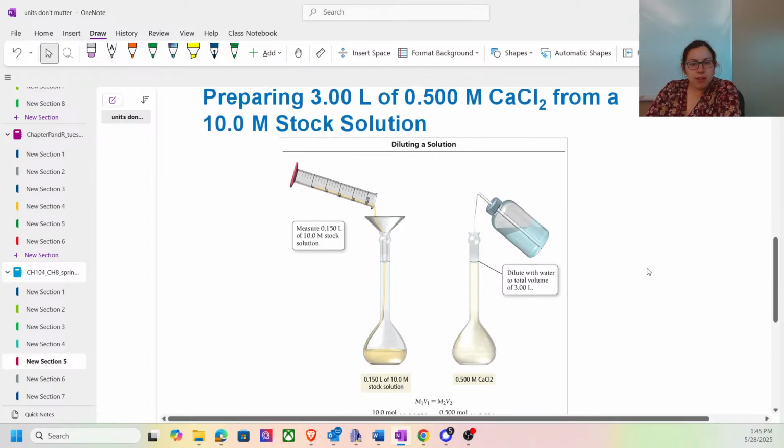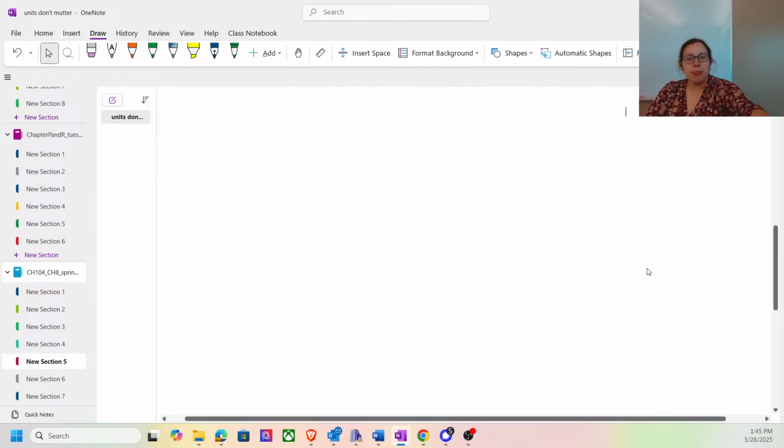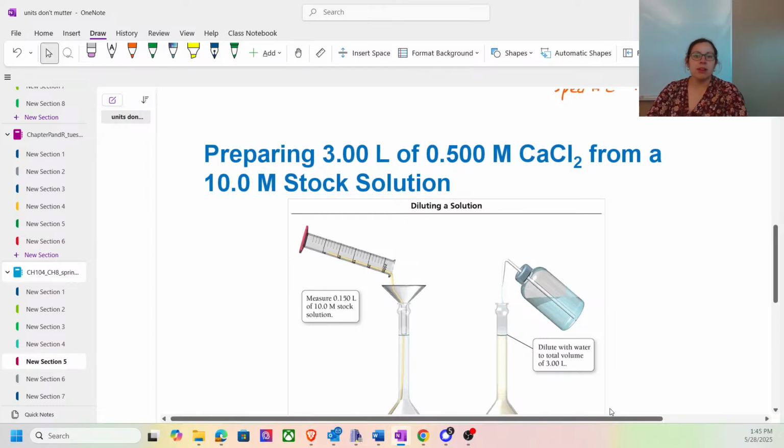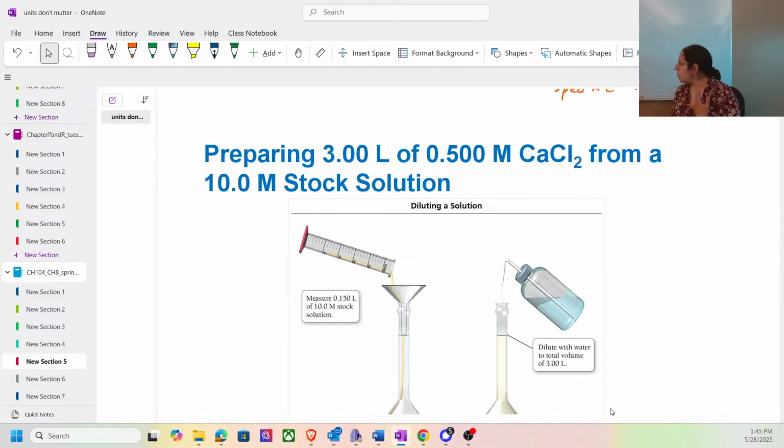Now we can see what the stockroom might do for us. Sometimes you prepare these stock solutions or you purchase them, especially the acid, which always comes as a 12 molar stock solution. Let's say you want to dilute it. It depends what you're given, what your C1V1 is.